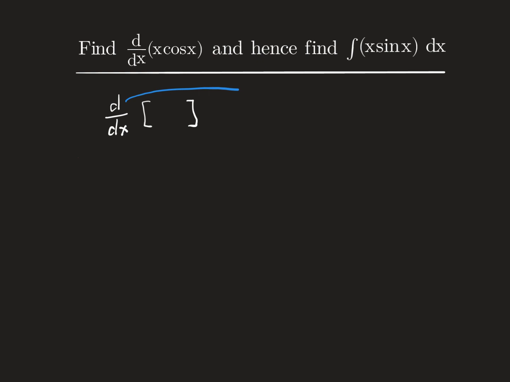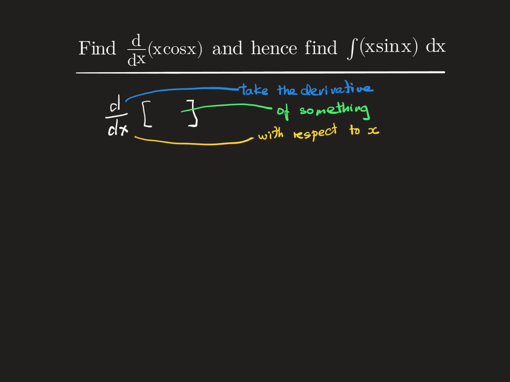Well, we start off with the d here, and it means take the derivative of something with respect to x. So in this situation, we are asked to find the derivative of this particular function, x cos x, with respect to x.